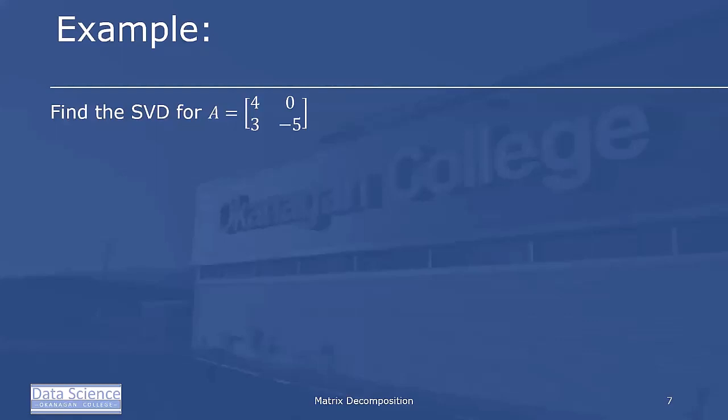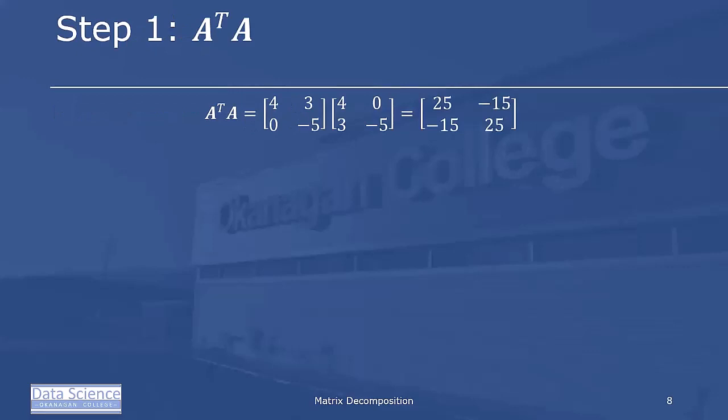First example, we'll find a singular value decomposition for the matrix A, which is equal to [4, 3; 0, -5]. Computing A transpose A, we get [4, 0; 3, -5] times [4, 3; 0, -5], which is equal to [25, -15; -15, 25].